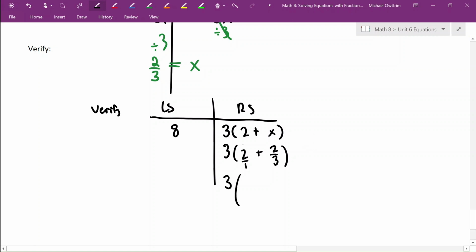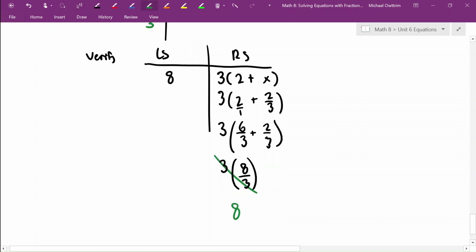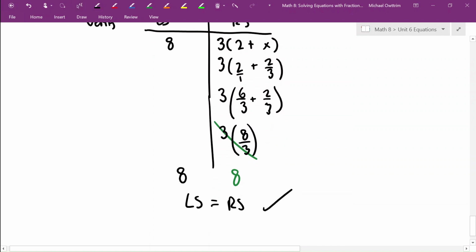So 2 is really 6/3. We want to add 2/3. 6 plus 2 is 8/3. And our 3's are going to cancel out to leave us with just 8. Okay, since the left side was 8, the left side does equal the right side, and our solution is verified.